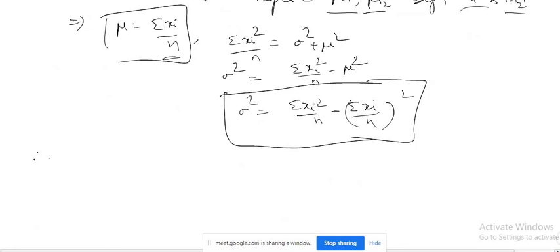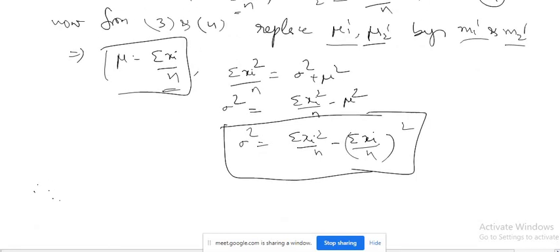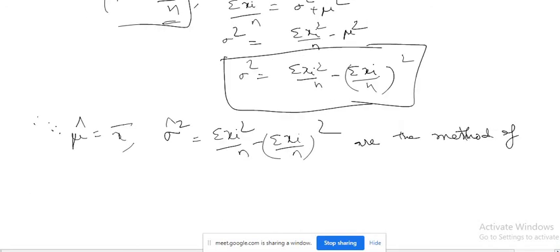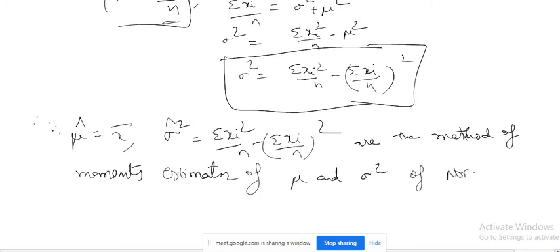Therefore mu cap is x bar, and sigma square cap is summation xi square by n minus (summation xi by n) whole square, are the method of moments estimator of mu and sigma square of the normal distribution.